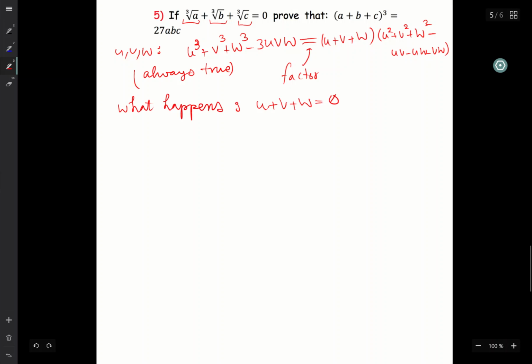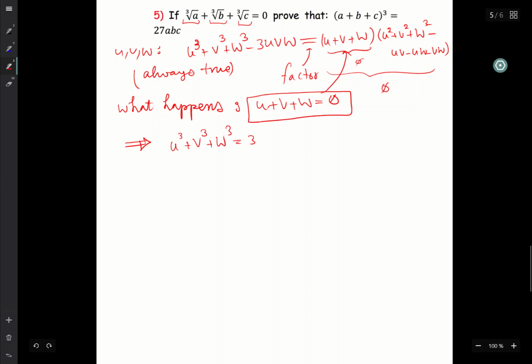If u plus v plus w is 0, this term becomes 0, and therefore the right hand side becomes 0. And if the right hand side is 0, therefore the left hand side becomes 0. This means that if we have three numbers whose sum is 0, therefore u cubed plus v cubed plus w cubed is always 3uvw.